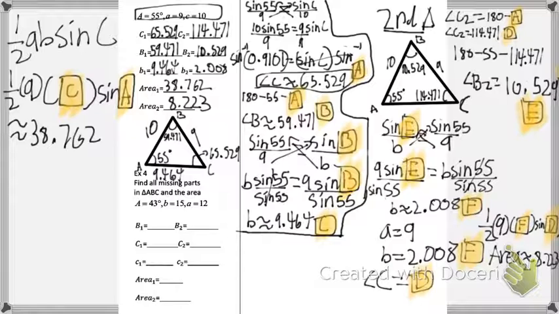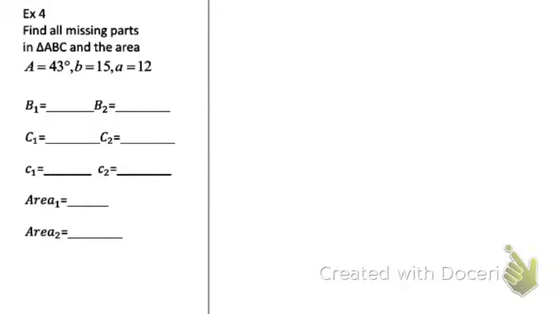So this is how you do law of sines, and that's how you find a second triangle. Now let's go to example 4. They didn't provide us with a triangle, so we have to make our own. So let's make one over here.